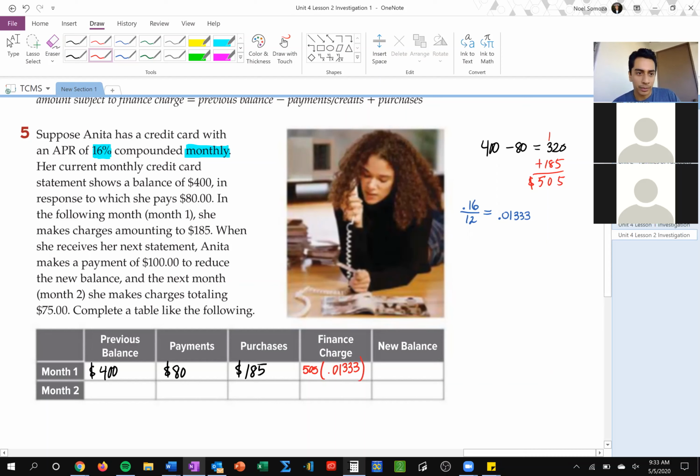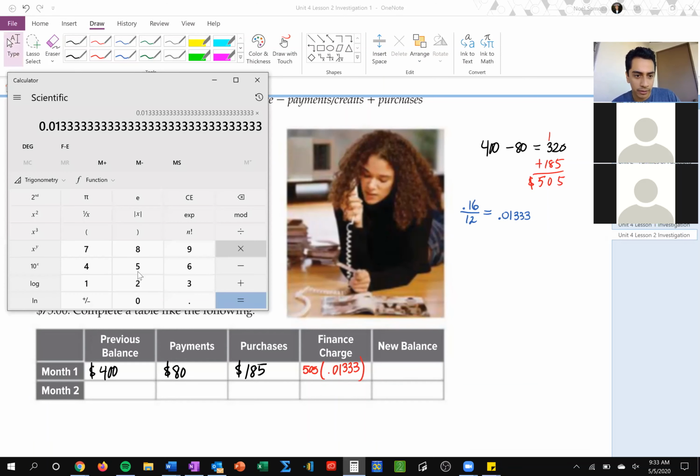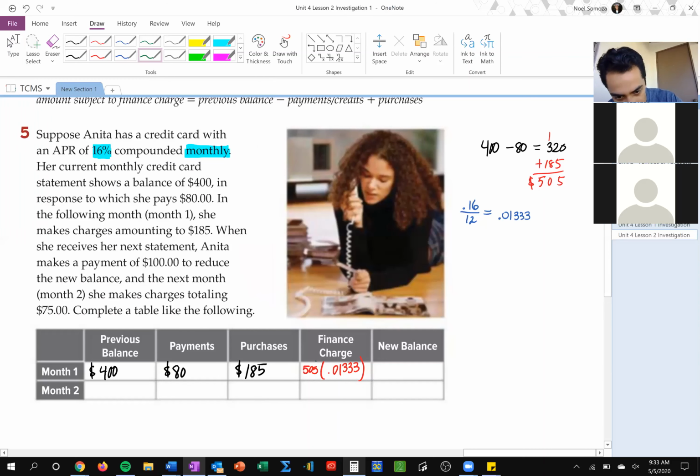What is it that she has to pay in terms of interest? Basically it's this number here, and we can multiply that by 505. So for this month only, she would have to pay $6.73 in interest. Let me go ahead and put that here, 6.73. You guys can't see that.